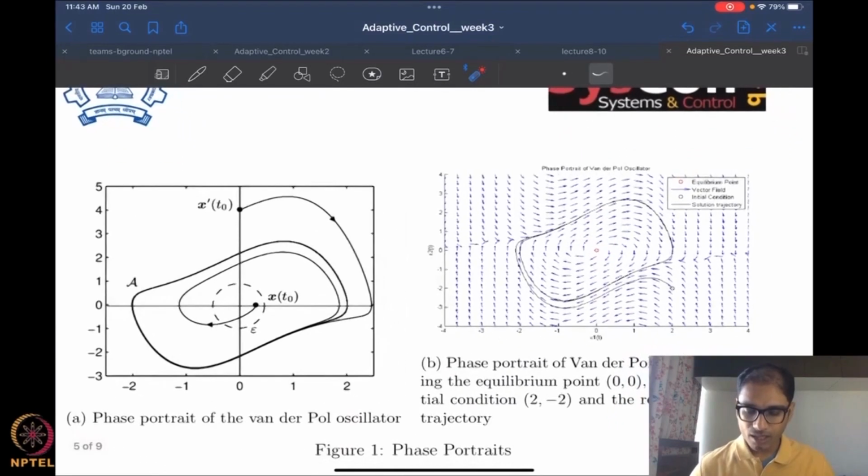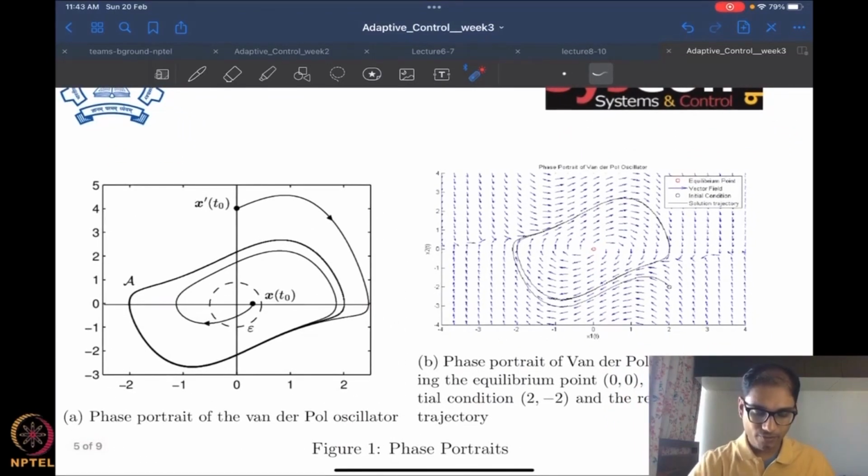It so happens that for any initial condition, your system actually converges to this sort of a limit cycle, this thing that you see here. This is the oscillatory behavior of the system, if you may. For any oscillator, the behavior is always such that it follows some sort of a periodic limit cycle at the end. There is a periodic limit set, and this is called a limit cycle.